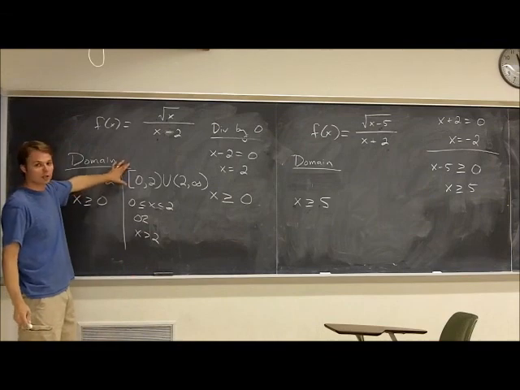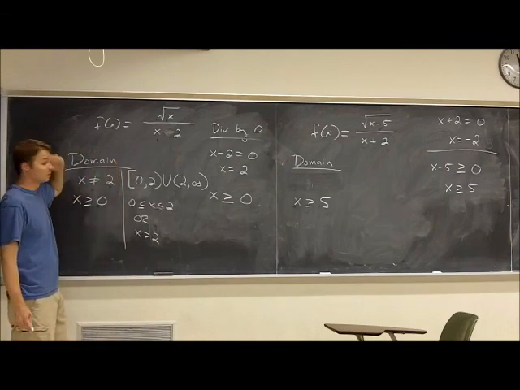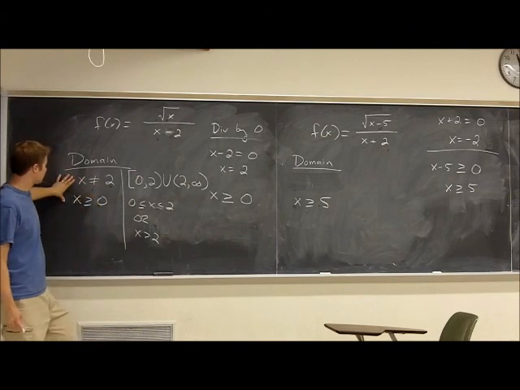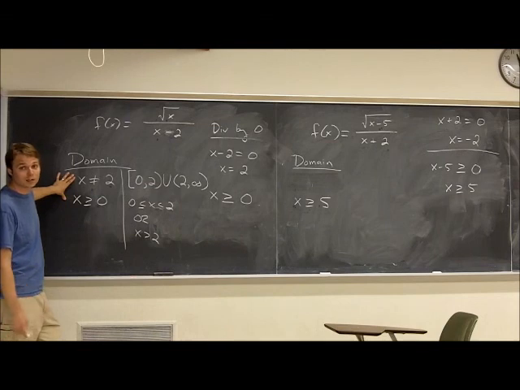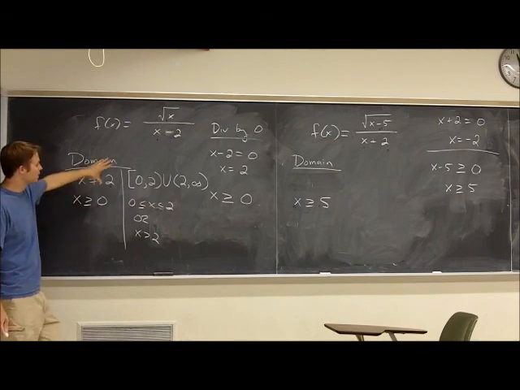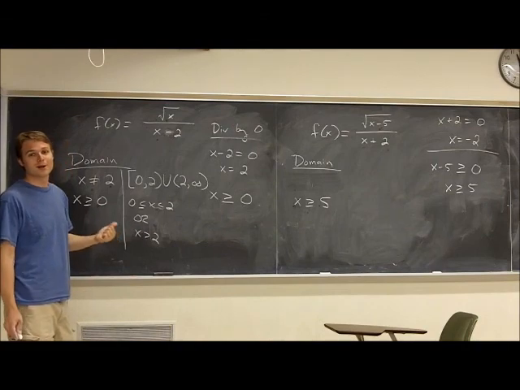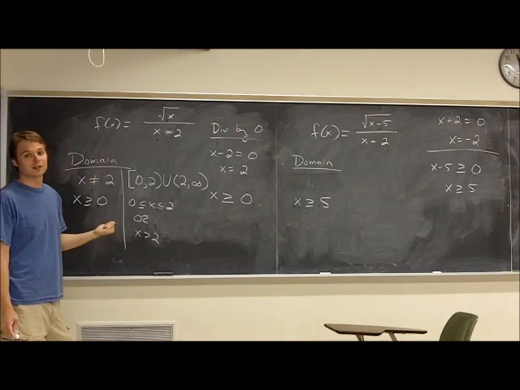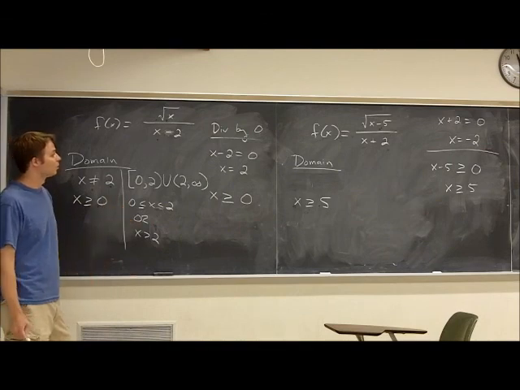This is a little bit better notation, but if you're not really familiar with it, maybe you don't want to use that. For my class, if you write something like this, it is acceptable as well. I would understand what you meant. There are a few ways that you can write these domains. You basically want to write it the clearest way possible, so it's not too difficult for someone reading your answer to know what you mean.